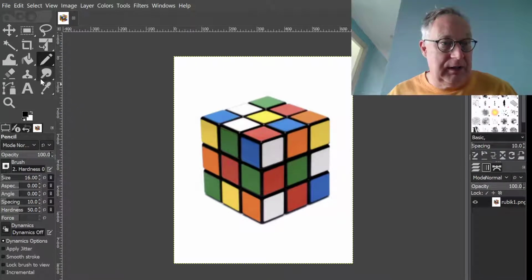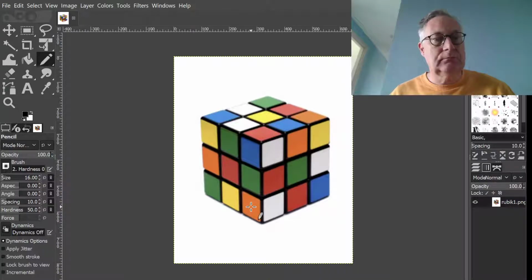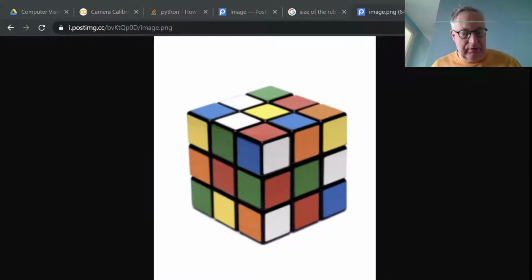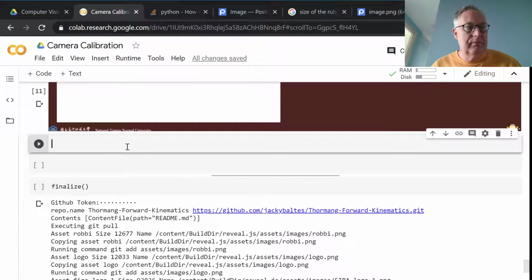So for example here, if I go to this square, then this should be about the center, and that would give me a coordinate of 278, 580. So I now want to generate a set of points which maps those coordinates.